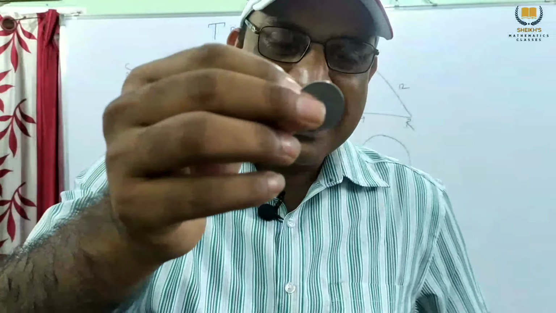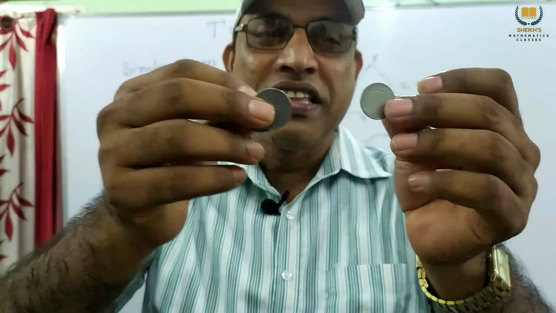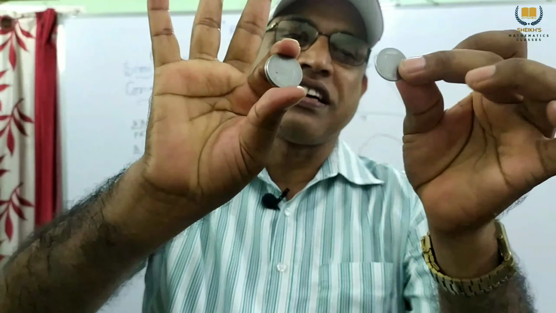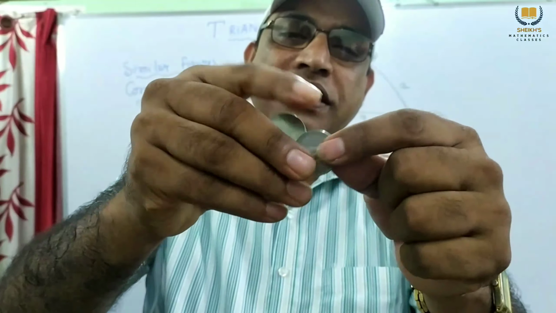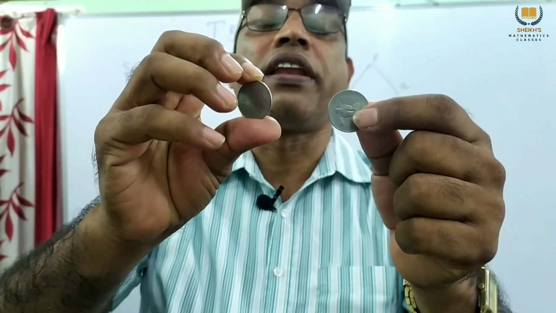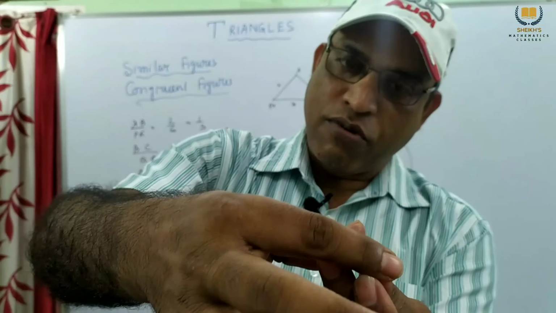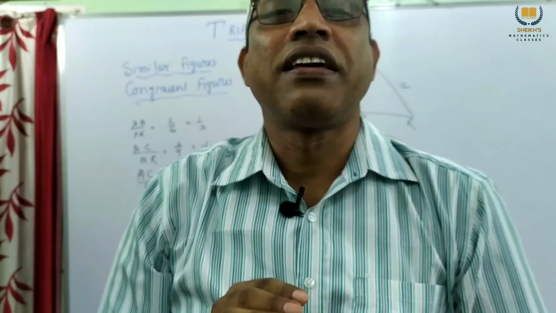But if you consider this small one, this is small, this is greater, so these two figures are similar. Congruent means if we take this above this, then all of these are equal, then this is congruent.